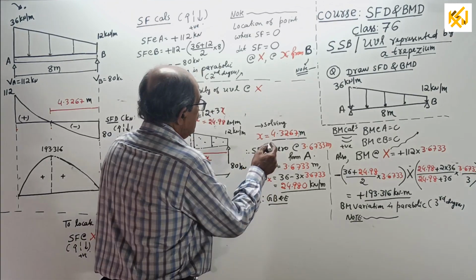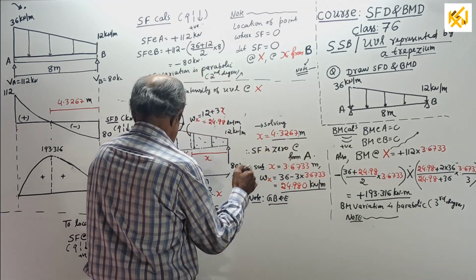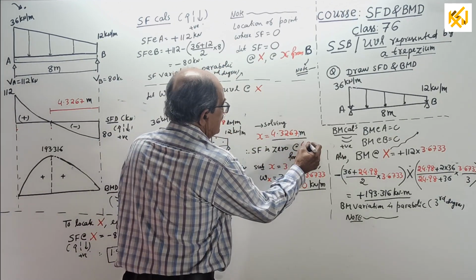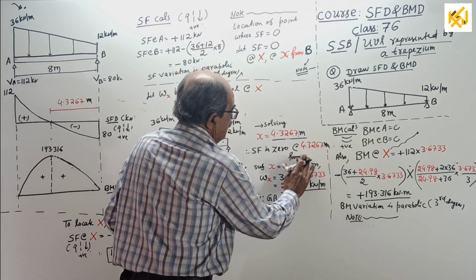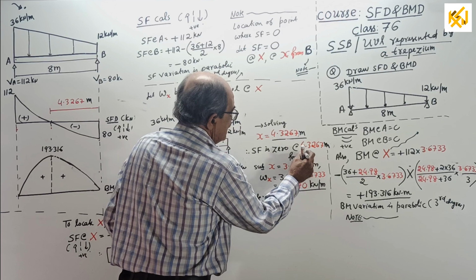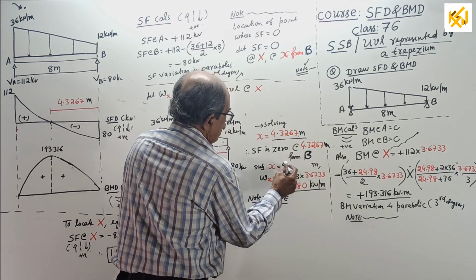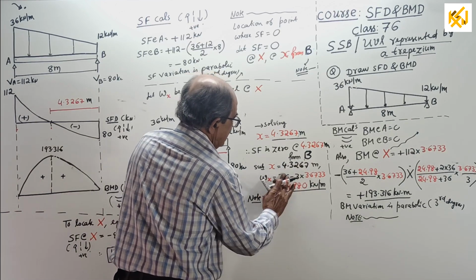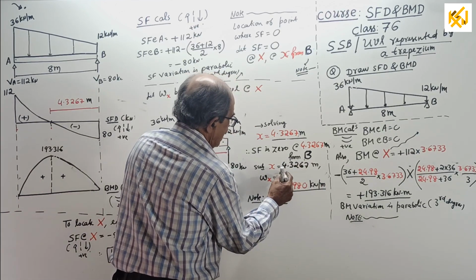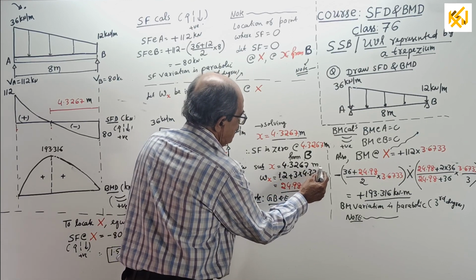So now, shear force is 0 at how much? 4.3267 meter from B. Now substituting x equal to 4.3267 meter, the intensity will come 12 plus 3 into 4.3267.